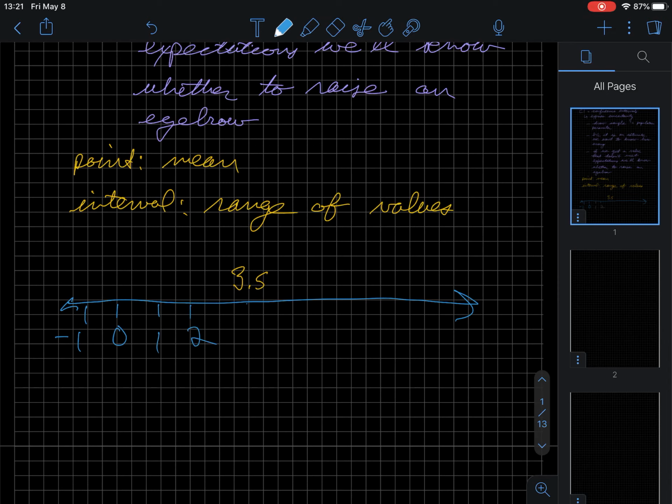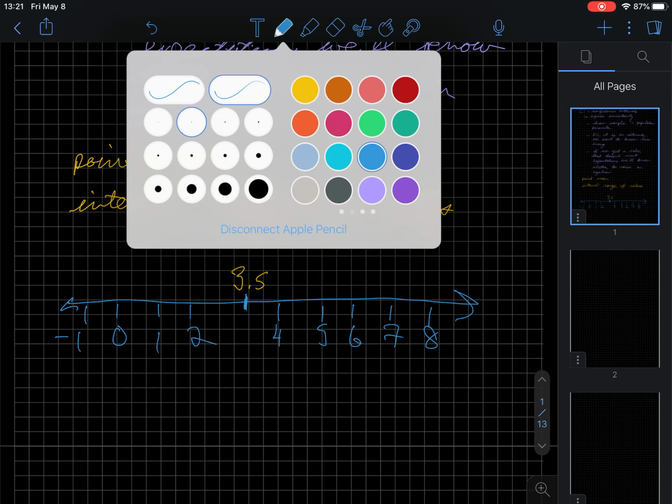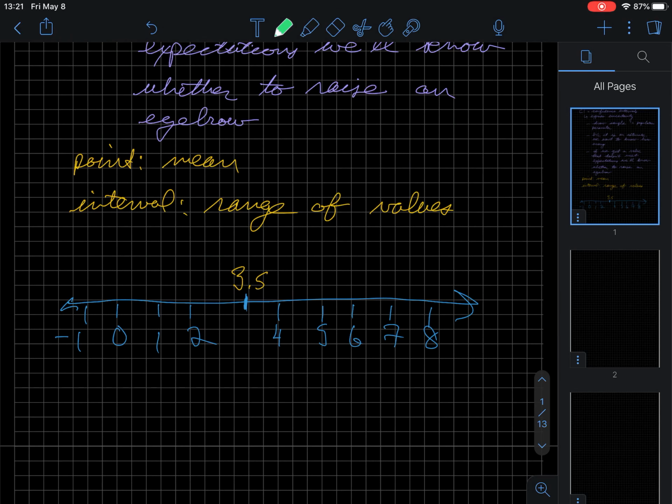The scale doesn't really matter, so cut me some slack, this is just a simple example. So our point estimate is right here. And then based off of that, we may say that there's a range. So let's say it starts right here and ends right here. So this is going to be our interval.